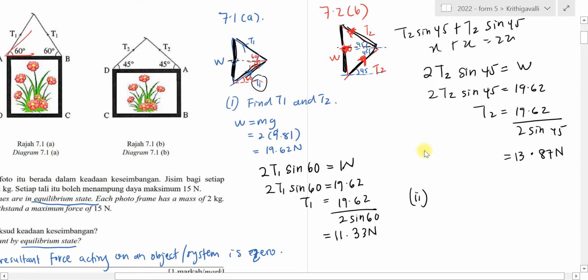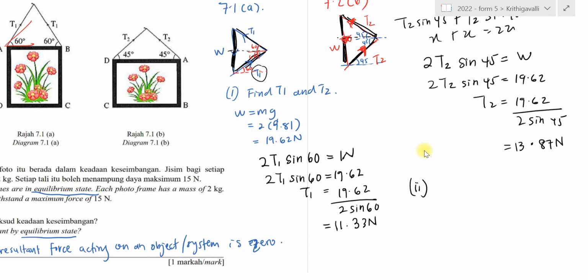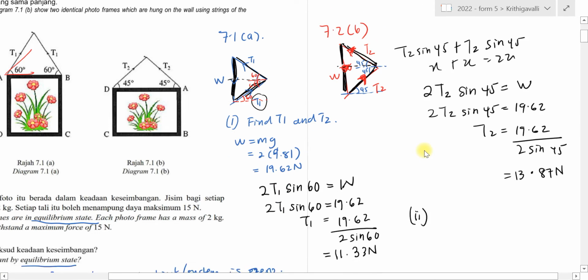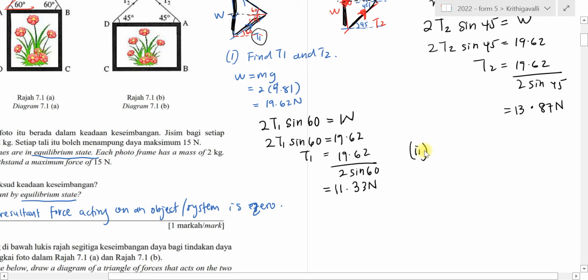Okay, so another additional question. In your opinion, which method would you prefer to hang the frame? Method in diagram 7.1a or method in diagram 7.1b? Give reason for your choice. Okay, let's say the question sounds like that. Because this question just asks very limited things, you can ask a lot of things from here.